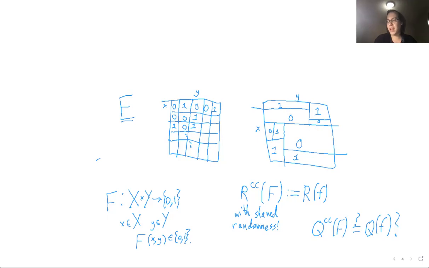But to really highlight what's going on, we can note that QCC of f is actually always O(1), regardless of the communication function f. Okay, QCC of f is O(1). Why?